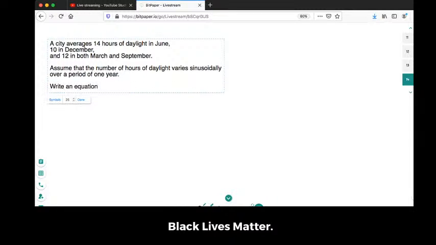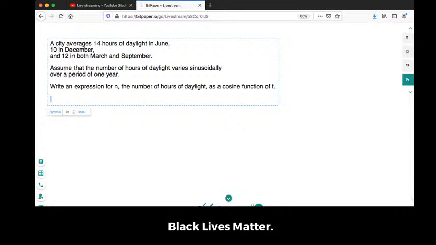Write an expression, the question says expression, my bad, for n, the number of hours of daylight as a cosine function of t. They really love the cosine function on this for some reason. And let t be in months, which is important.